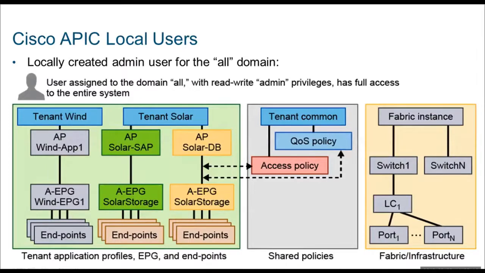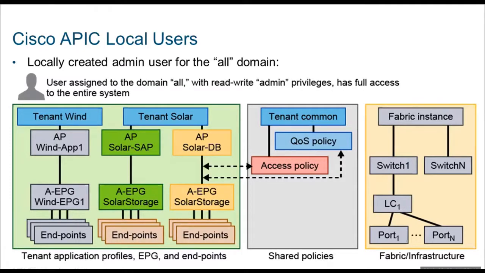Example, a local user. Right there shows you a user assigned to the domain all will have full access to the entire system. A user assigned to the tag called wind has access only to the tenant wind. A user assigned to the tag called solar has access only to the tenant called solar.